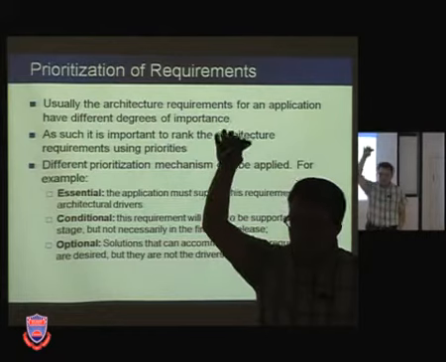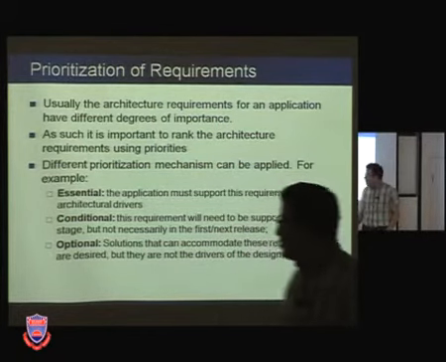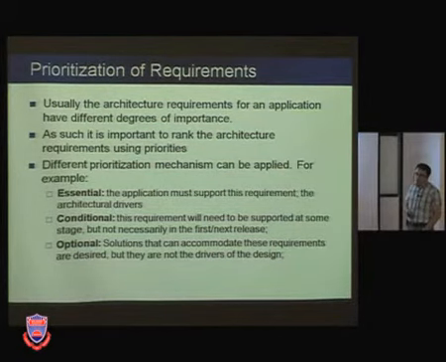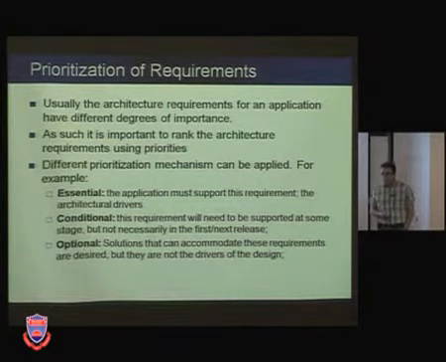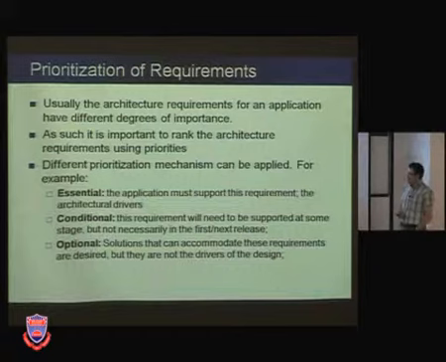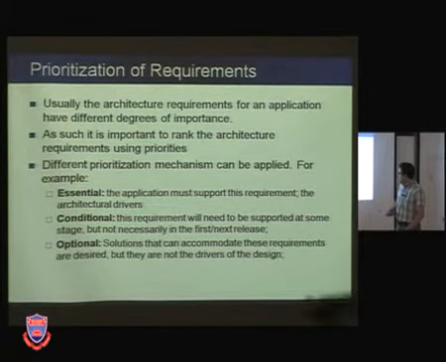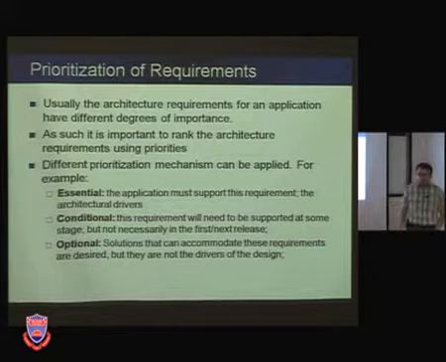So you could say these are all my requirements, and then define the priorities. These are the essential requirements, the requirements which must be supported, which are mandatory. Some conditional requirements can be supported under some condition, for example, for the next release, and optional requirements you can support or not.